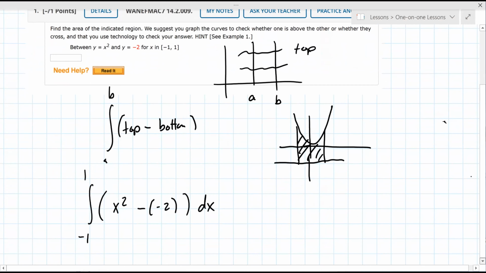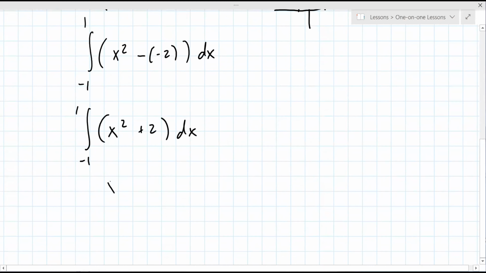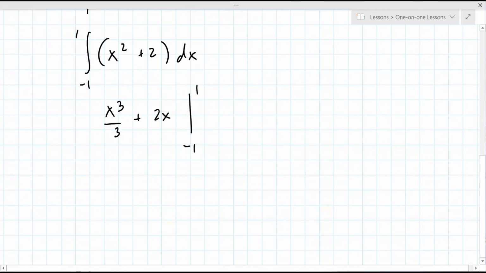And we've essentially converted this into a problem you did last week, a definite integral, x squared plus 2 dx. So you find the antiderivative, x cubed over 3 plus 2x, and you evaluate it from -1 to 1. That's 1/3 plus 2 times 1 is 2 minus, and then -1 cubed over 3 plus 2 times -1.